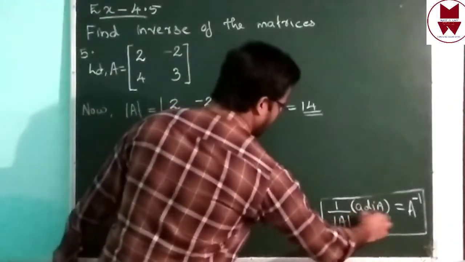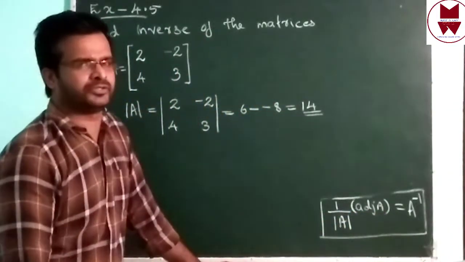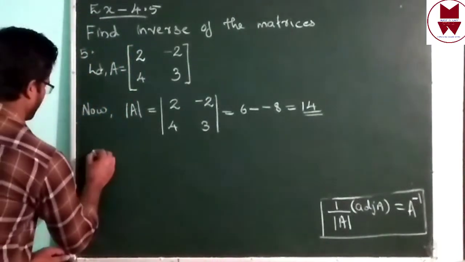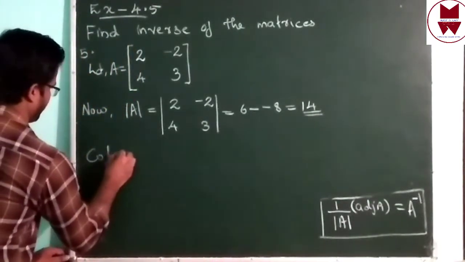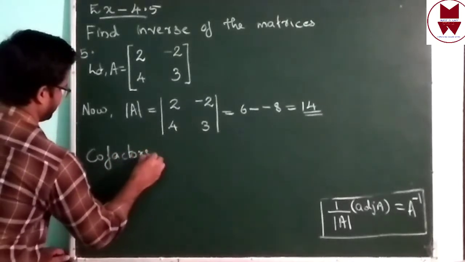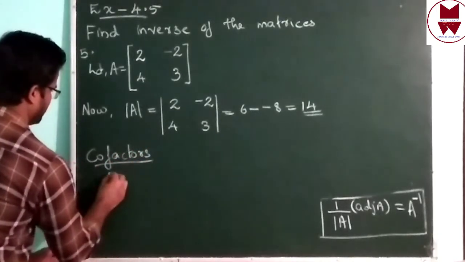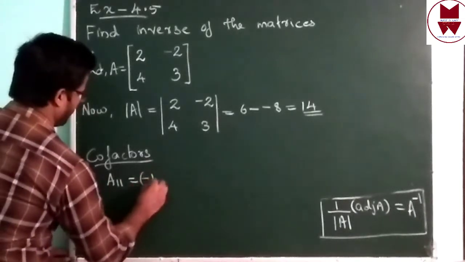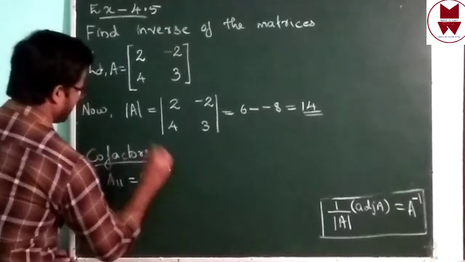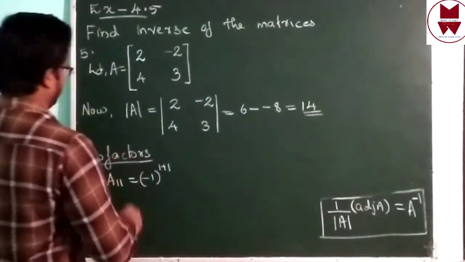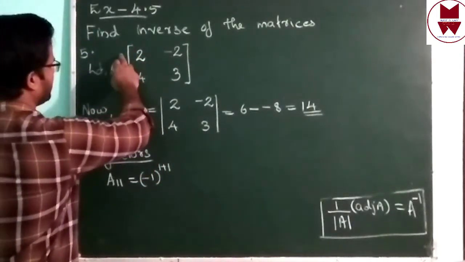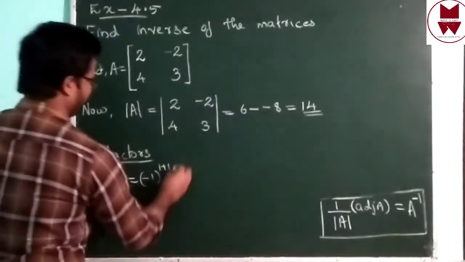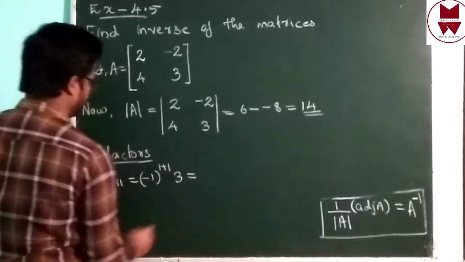Next, adjoint of A. To find the adjoint of A, we have to find all cofactors, isn't it? First, A11 equals minus 1 all raised to 1 plus 1. A11 means just leave the first row and first column; which number remains? 3.